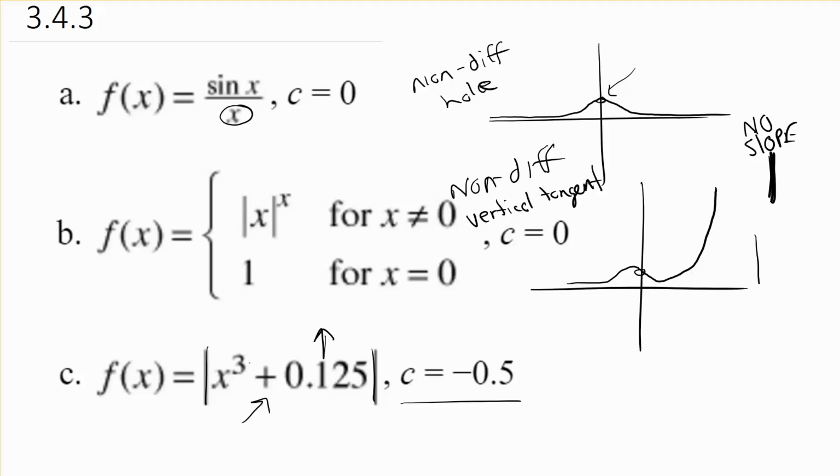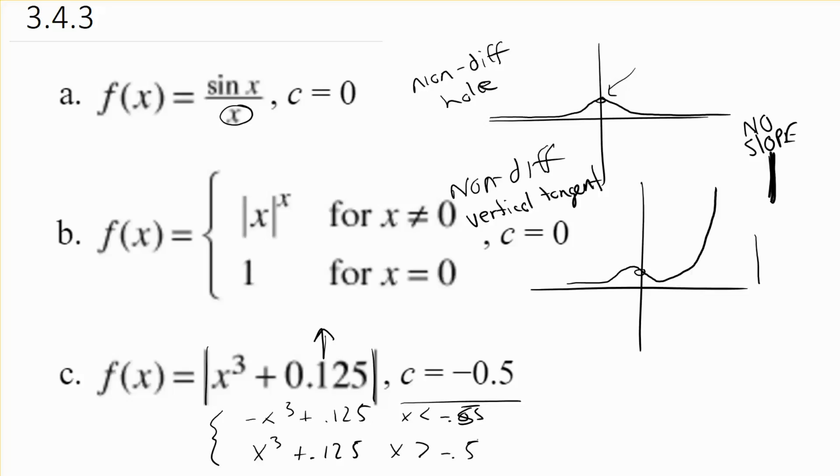And we talked about how to start graphing these absolute value things, where we can really just call this a piecewise: it's going to be the negative of x cubed plus 0.125 when x is less than negative 0.5, and then it's going to equal x cubed plus 0.125 when x is greater than negative 0.5. So we just do the plus and the minus of the x that's in the absolute value.